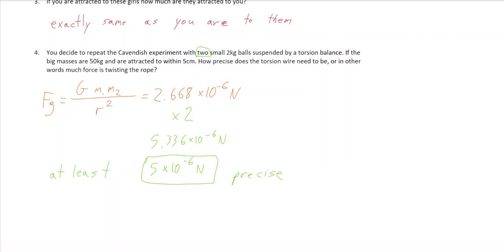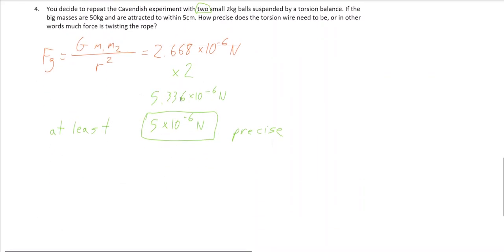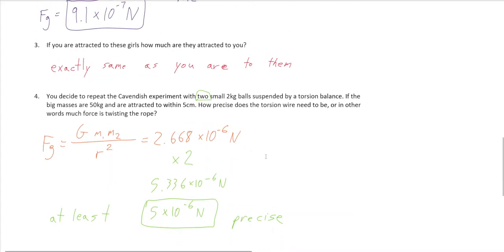So you can imagine how Cavendish would have had to have a very, very carefully built apparatus to have that type of precision on a wire. And then to measure how much force is actually being used, or how far it's twisted with the laser, right? So there's multiple levels of precision here.